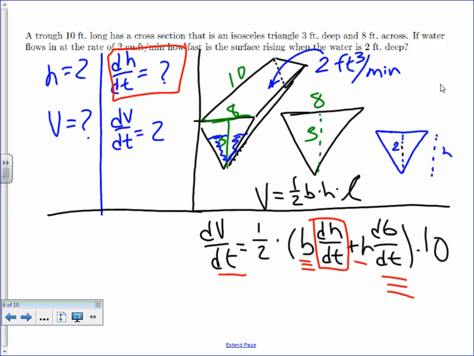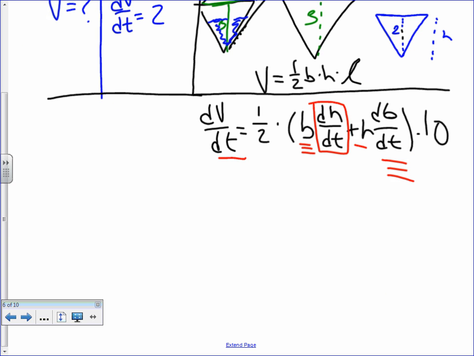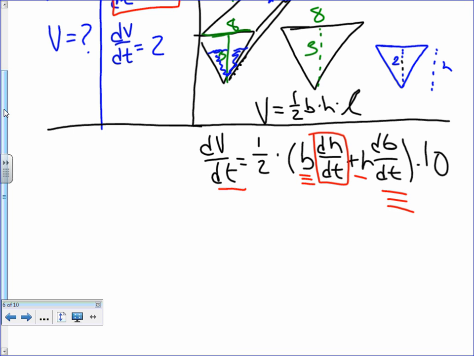For getting B, hopefully you saw this setup coming a mile away and you know exactly what we're going to do because this isn't new here. We want to set up our proportion between our similar triangles. So in our big triangle, we've got 8 as our base over the base in our small triangle, which is B, equals 3, our height in our big triangle, over 2, our height in our small triangle.